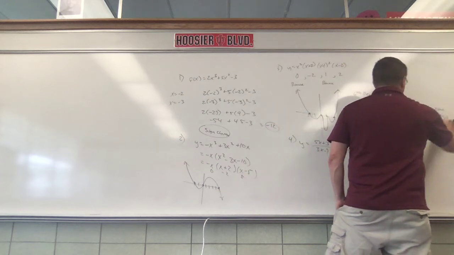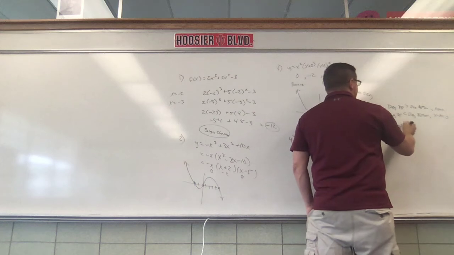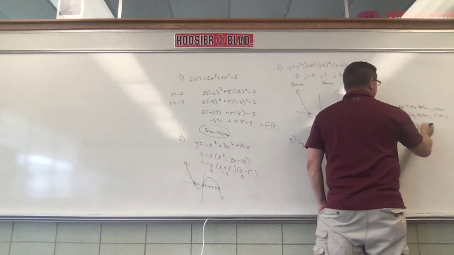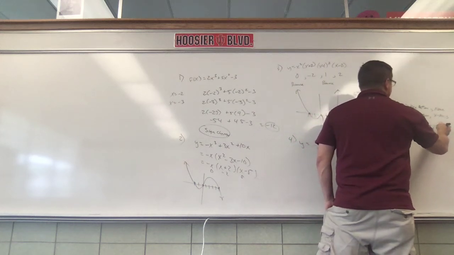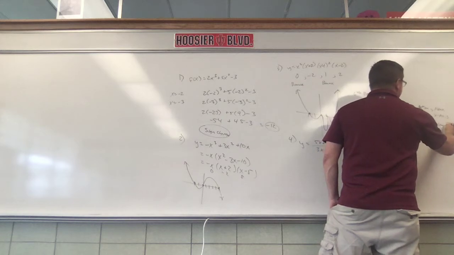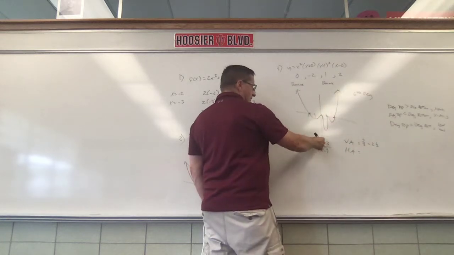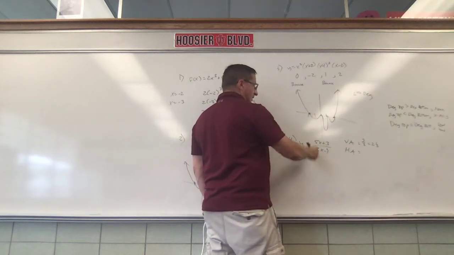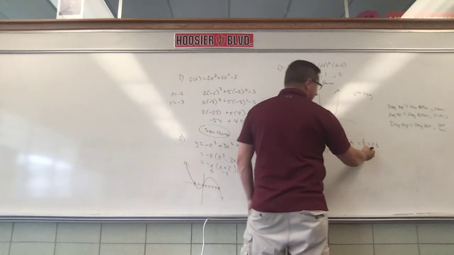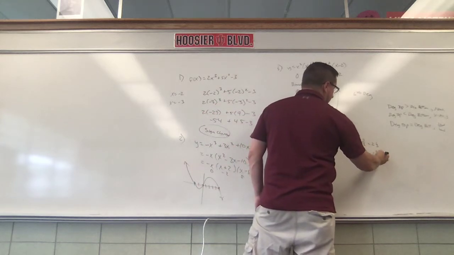If the degree of the top equals the degree of the bottom, then it's the lead coefficient over the lead coefficient. So, degree of the top is 1, degree of the bottom is 1, it's the same, so you take the lead coefficient over the lead coefficient, 5/3, which is the same as 1 2/3.